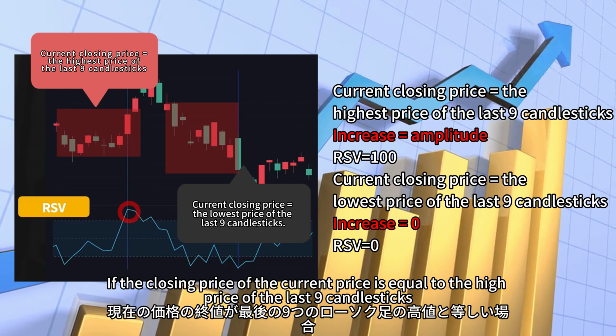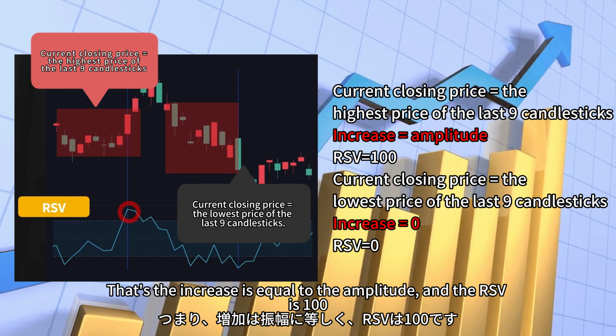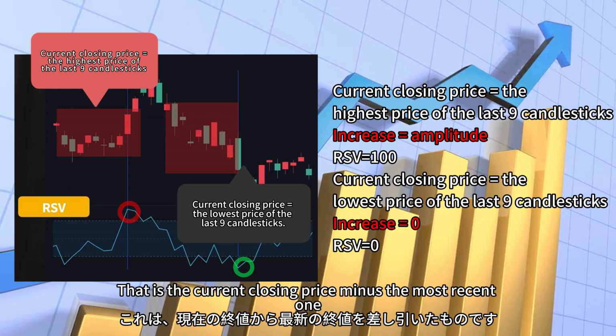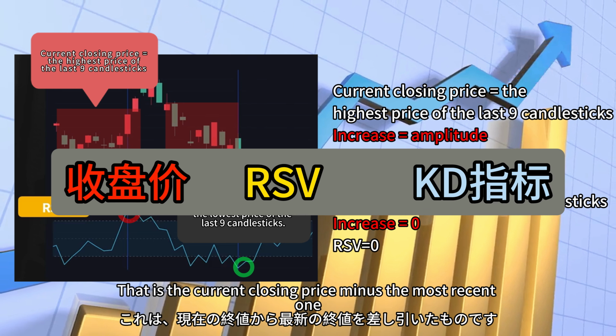If the current closing price is equal to the highest price of the last 9 candlesticks, then the gain is equal to the amplitude, and the RSV is 100. If the current closing price is equal to the lowest price of the last 9 candlesticks, then the current closing price minus the lowest price is 0.